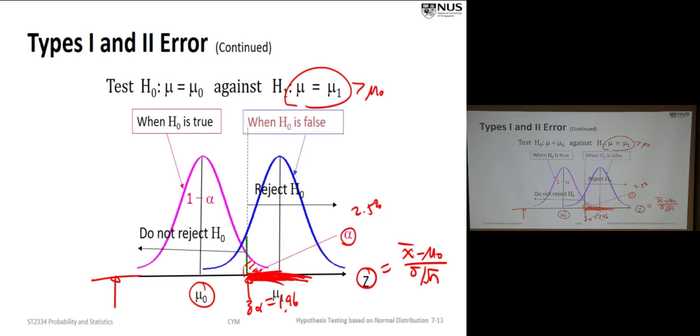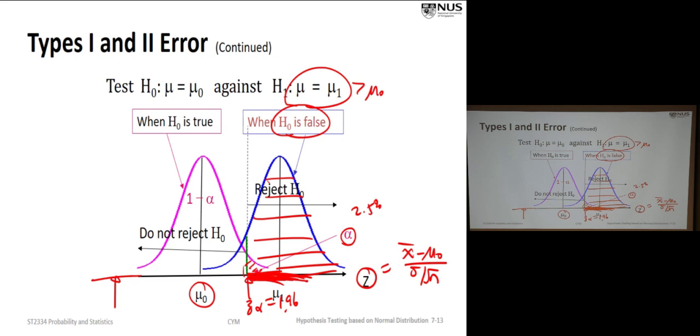Now H0 is false, and in fact mu equals mu1 here. What is the probability that I will reject the null hypothesis if mu equals mu1? It's not alpha, it's this part. So the chance is very big to reject the null hypothesis.